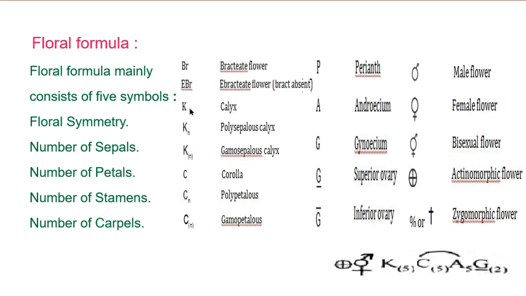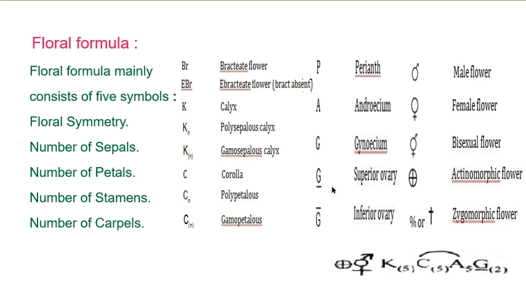Calyx, K. Polysepalous calyx, K with a number. Like this, all these. Gamosepalous calyx, corolla. Polypetalous, gamopetalous, perianth, androecium, gynoecium. Superior ovary, when the ovary is situated upside. Inferior ovary, superior ovary, how will you show it?